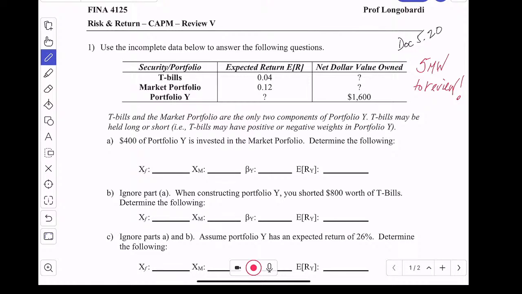Okay, you ready? So what we're going to do here is work with the security market line that we discussed yesterday and create portfolios by combining the risk-free T-bills and the market portfolio to create a new portfolio.